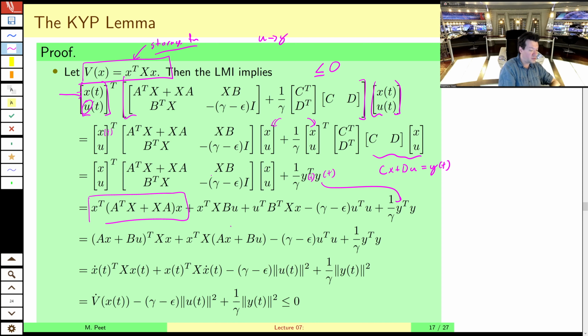We've got the cross terms here, these are the 2 cross terms, xBu and so on. And then we've got the 2 block here. That's just the norm of u squared. This is the norm of y squared. The gammas are staying put. We've got gamma here, gamma here, and here's a gamma in the denominator from over here.